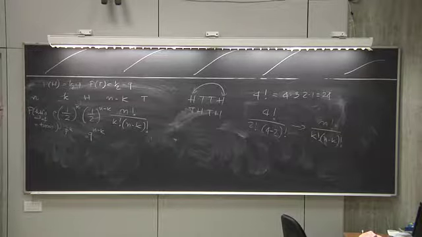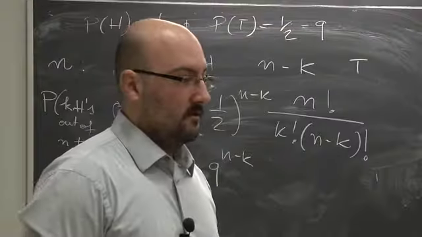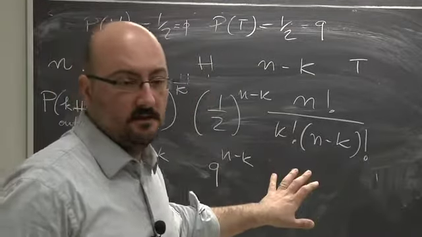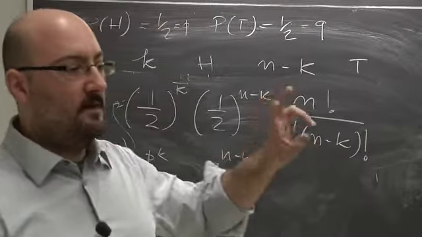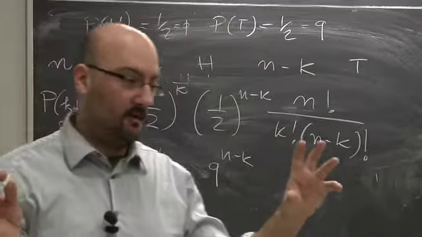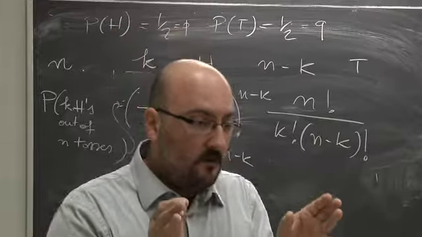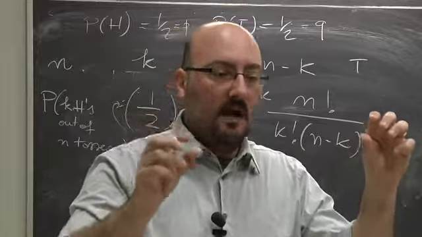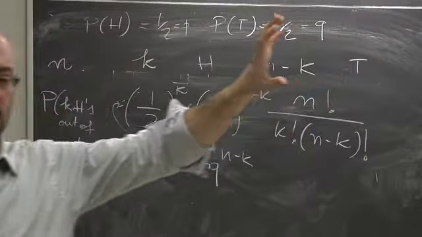Let's see if it satisfies the... So, first of all, is it clear? There are two steps in computing the probability of a complex event happening. First of all, you have to compute the probability of one simple event happening, and then you have to count how many of these simple events correspond to this complex event.